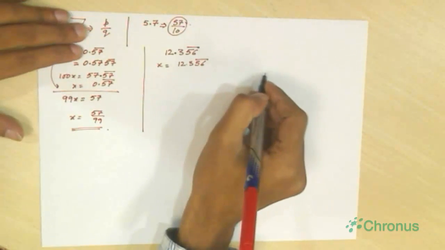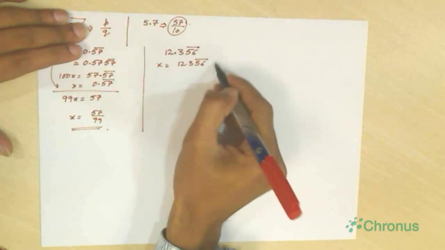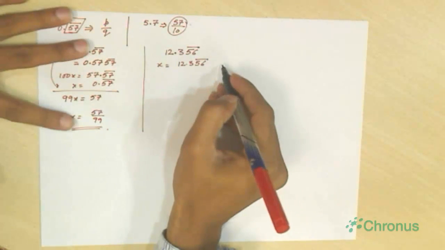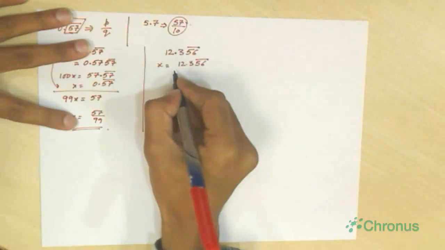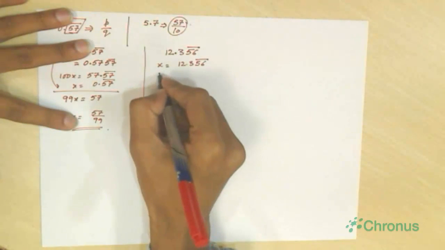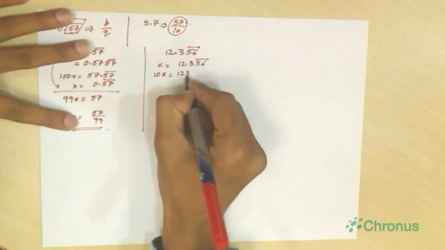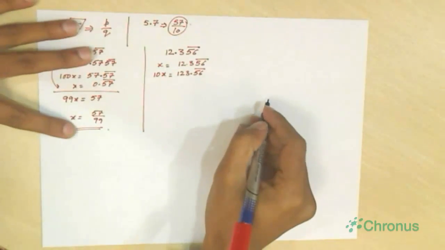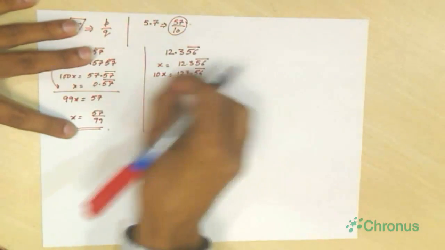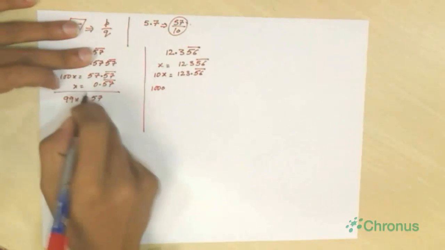As we did before, we are to get rid of this recurring part, right? So what we can say is that 10x is equal to 123.56 bar, and multiplying with 100 we get 56 out. So as we did before, in this problem.